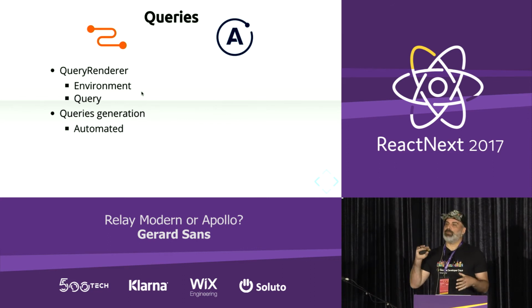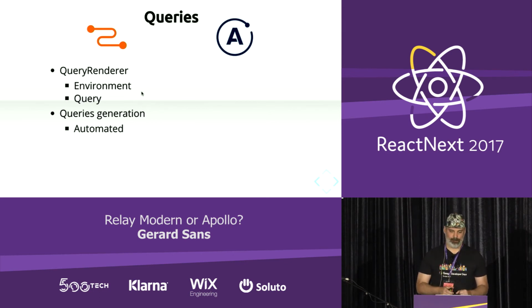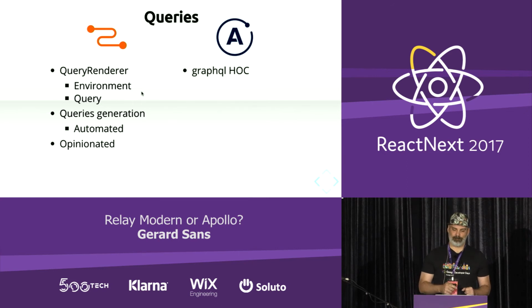Then Relay Modern is going to grab all this information and create the best performing queries for us. So it's kind of automated. We don't need to worry about this. It's Relay Modern doing it for us. So it's a little bit opinionated. We will see that we have other options with Apollo Client.